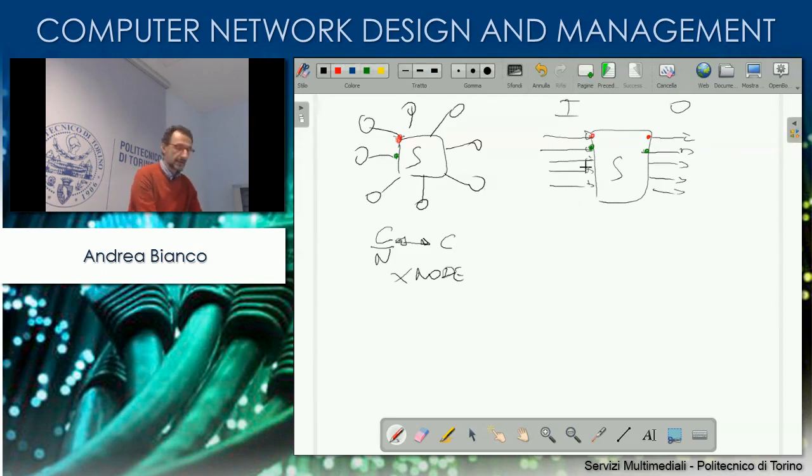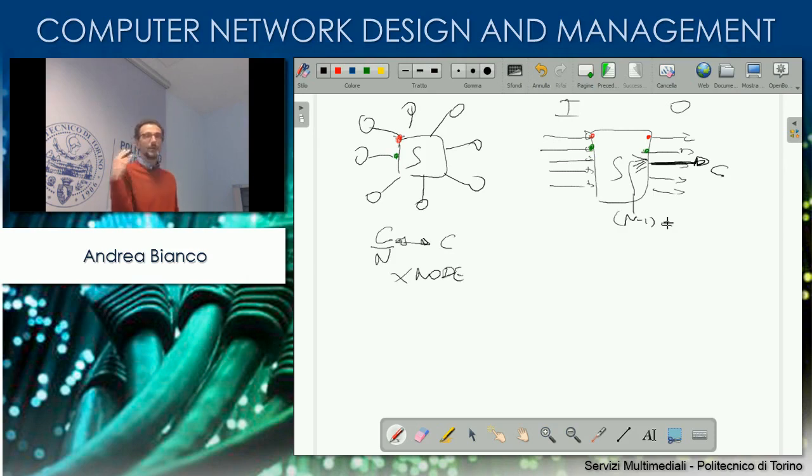Now, it is very clear here, I guess, that if everybody is sending to the same output, you have a huge bottleneck. You have a link at speed C, which is loaded by n-1 times C, potentially. You have n-1 nodes, supposing that the same node is not generating toward himself, which typically does not make sense.